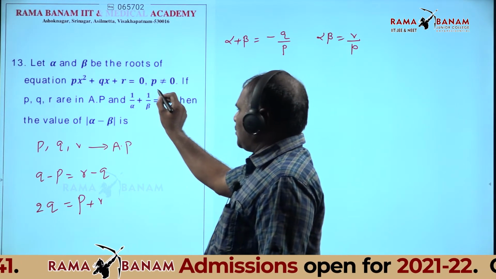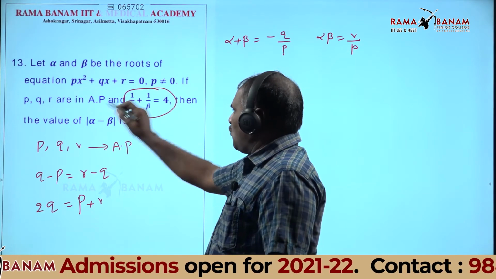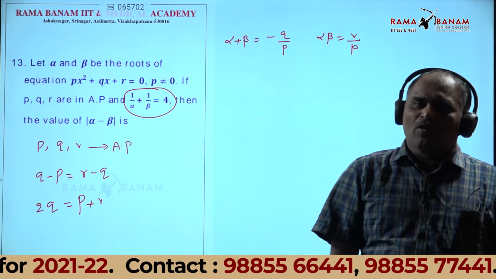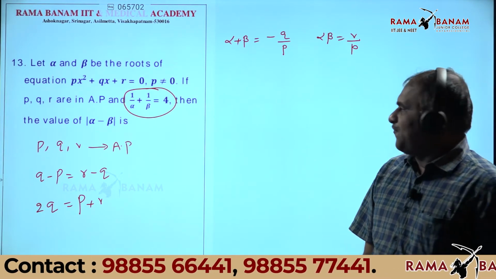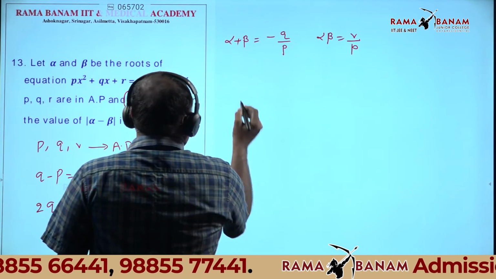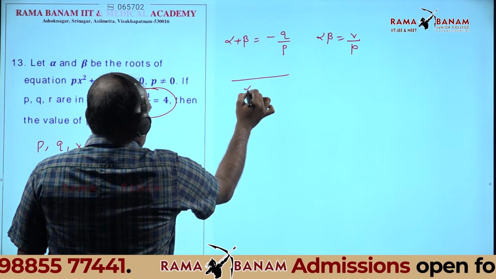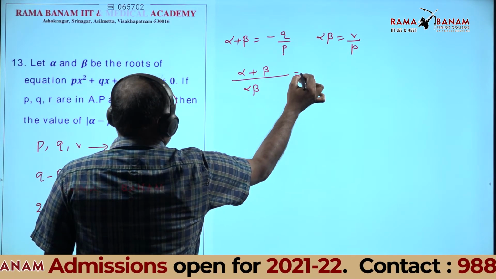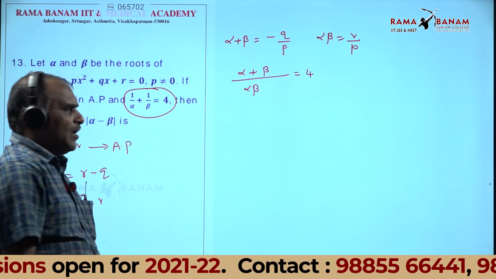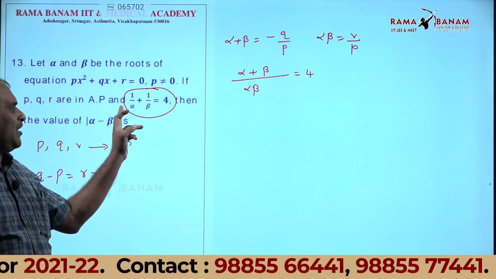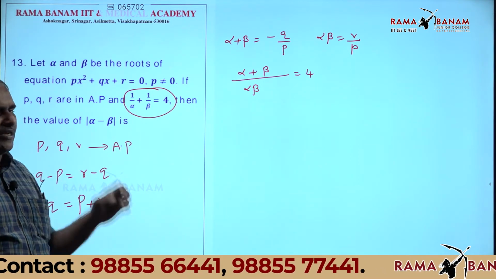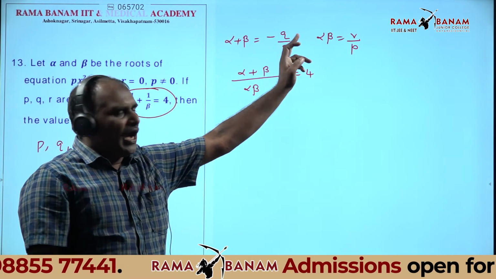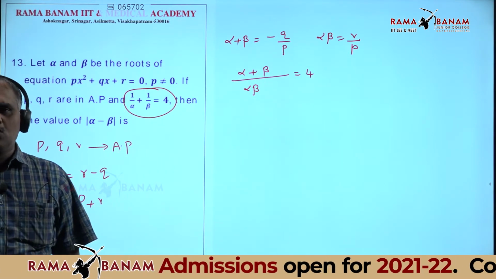One more condition is given. What is that condition? 1 by alpha plus 1 by beta is equal to 4. Therefore, you can take LCM. Alpha plus beta is equal to 4 given. Observe, alpha plus beta you know, alpha into beta also you know.